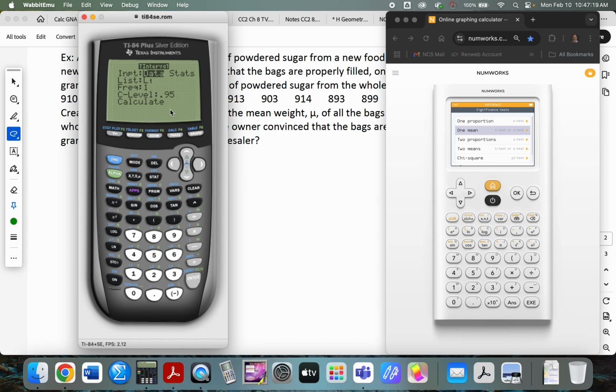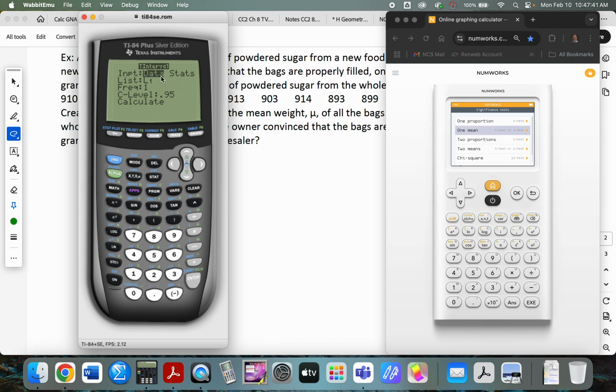On the TI, you can choose between summary data or the statistics. So here, we have the raw data as opposed to the statistics from that.